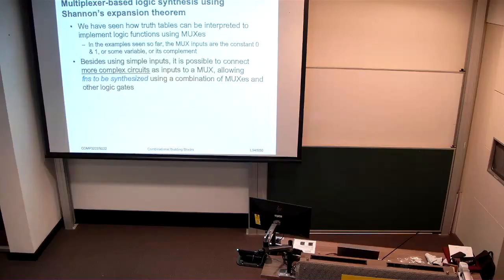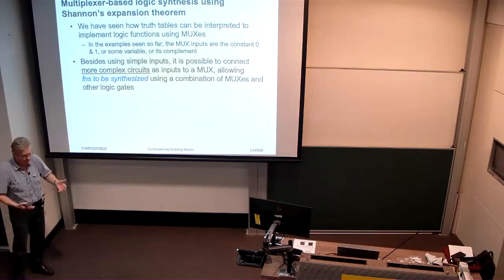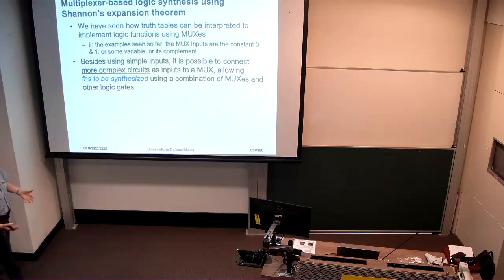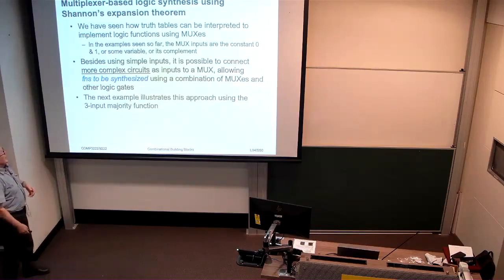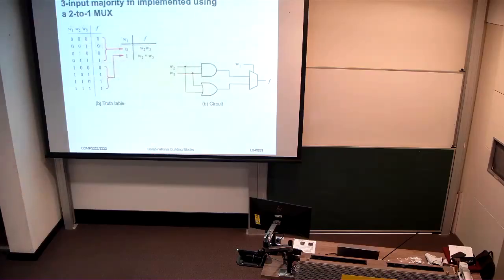But we can also choose to use more complex circuits as the inputs to the mux, using other Boolean functions like AND or a NOT. And so let's have a look at how that might work for the 3-input majority function. Here is the 3-input majority function.